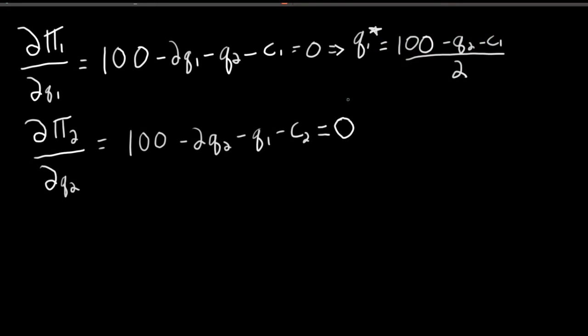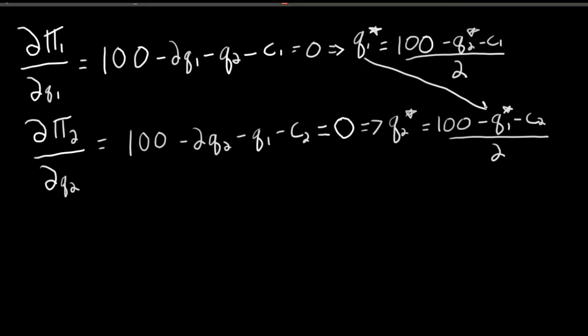We can do the same thing here. Now to solve, all we have to do is plug this into here, and then we can get the Nash equilibrium quantities. So let's do this.